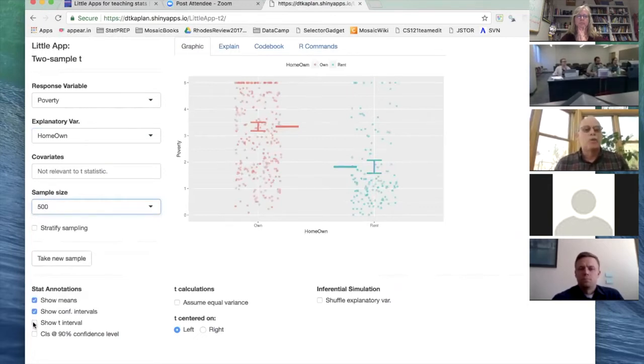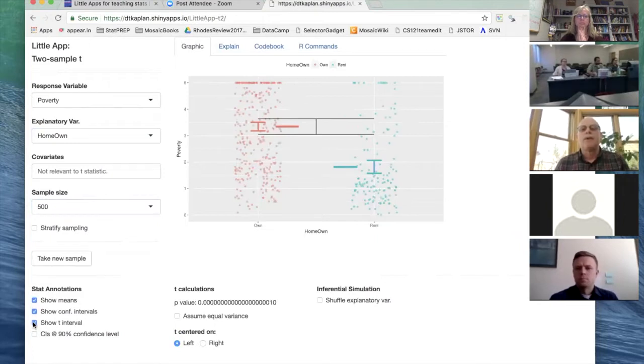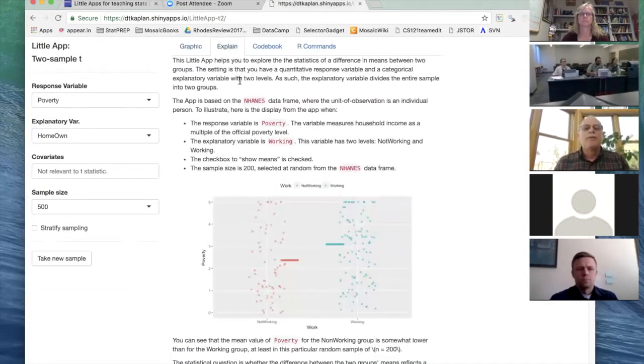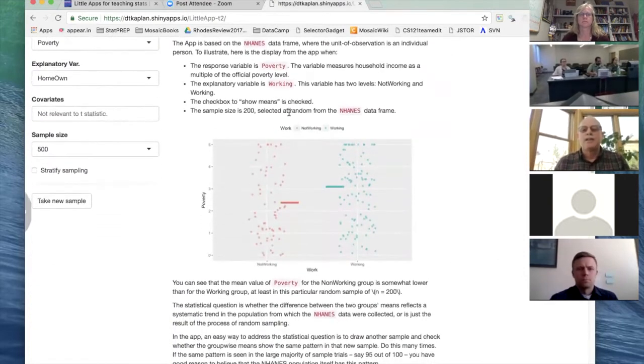And this one has an annotation for illustrating what the t-statistic is about. Each of these apps has some data graphic and statistical annotations that you can deploy or not. They also include a tab explaining the individual app.